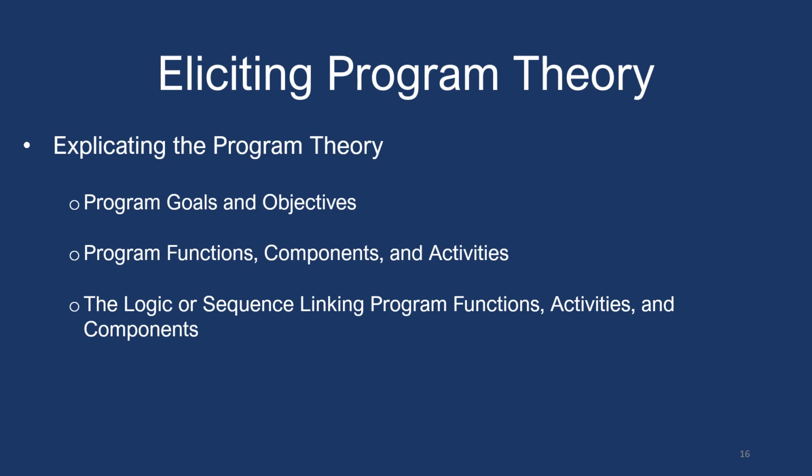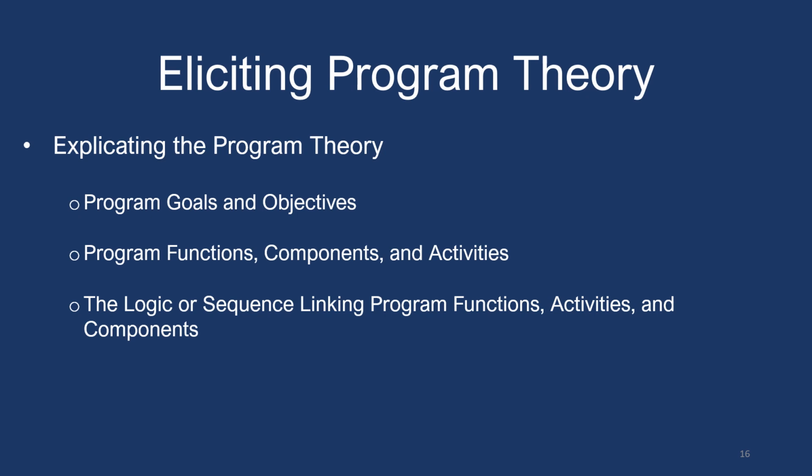This may be an iterative process, also known as successive approximation, where the evaluator drafts definitions, receives feedback from the stakeholder, revises the definitions based on that feedback, resubmits it to the stakeholder representatives, receives more feedback, and so on until there's an agreement that the definition is a strong representation of the theory. This process works well for both process theory and impact theory.